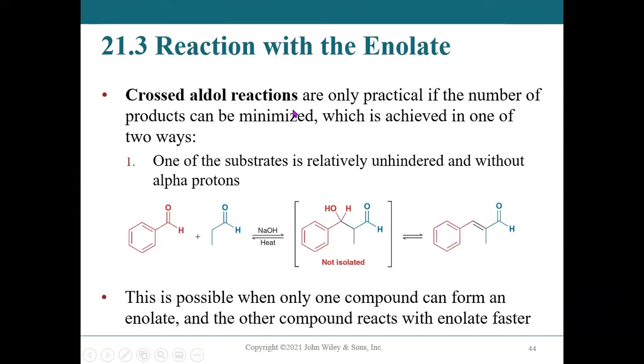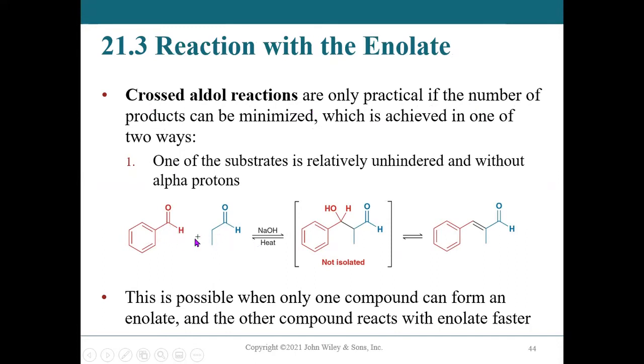Cross aldol reactions are only practical if the number of products can be minimized, which is achieved in one of two ways. One of the substrates is relatively unhindered and without alpha protons. And here is another example, where the substrate is relatively unhindered and has no alpha carbon. So this is benzaldehyde.